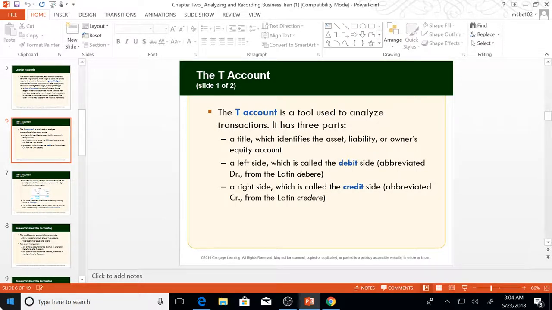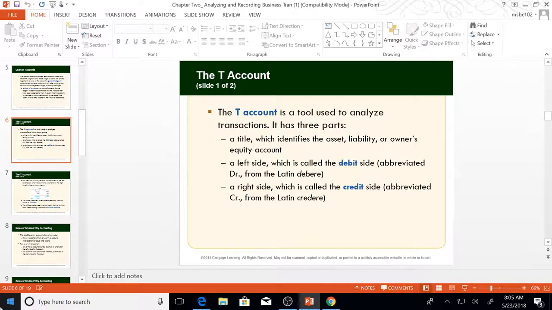Then you add all the left side amounts and get the total, and you add all the right side amounts and get the total. Whichever is the highest is going to be the balance.